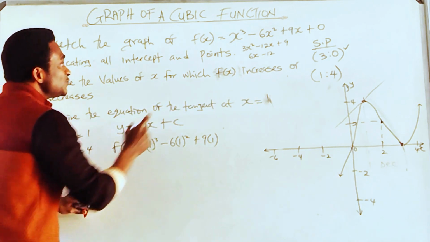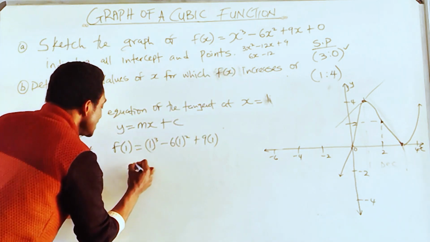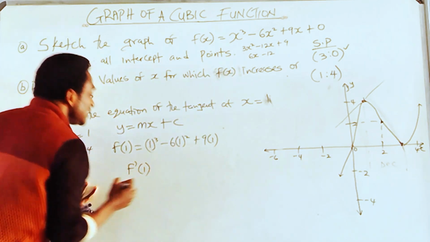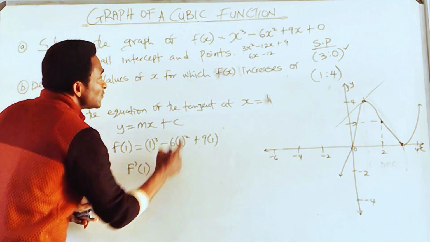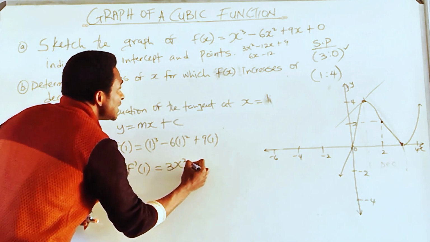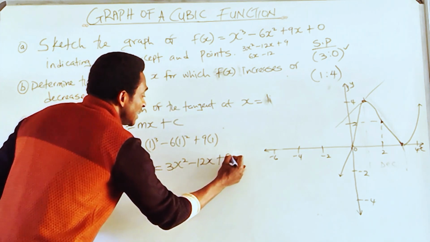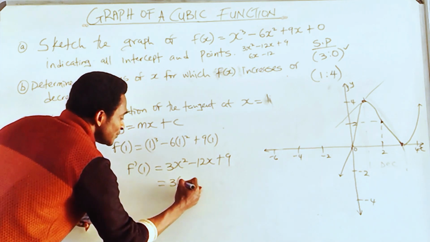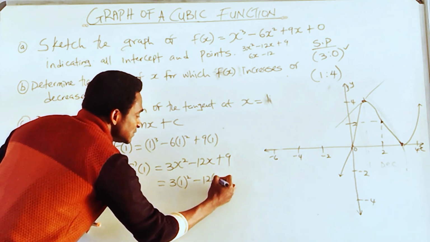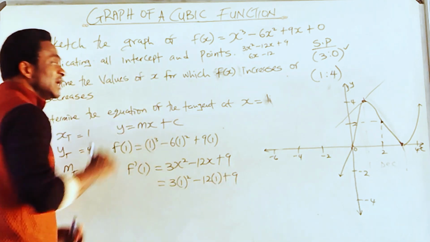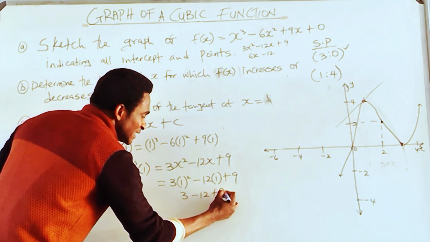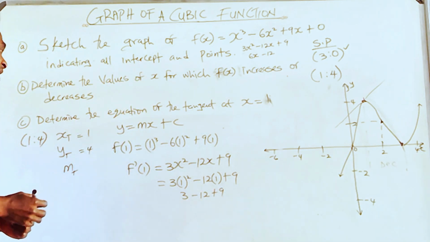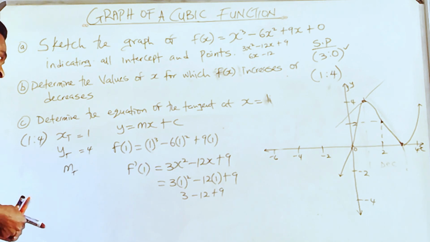Now, what do we need next? We need the gradient. So we need the first derivative when x equals 1. Our first derivative is 3x squared minus 12x plus 9. So sub 1 into the first derivative equation to get the gradient needed for that line. So this is 3 minus 12 plus 9, and that will give us a 0.